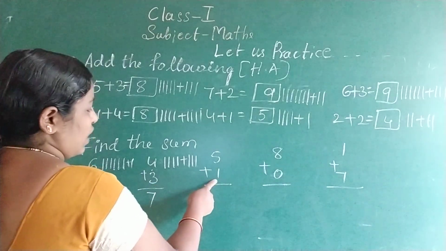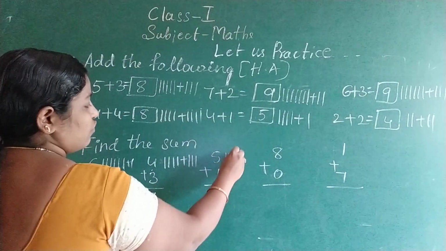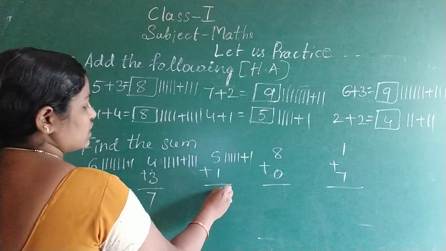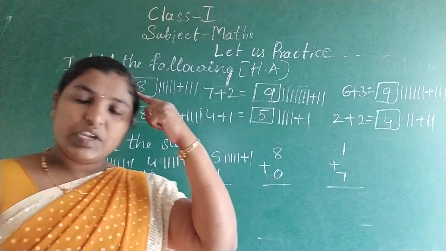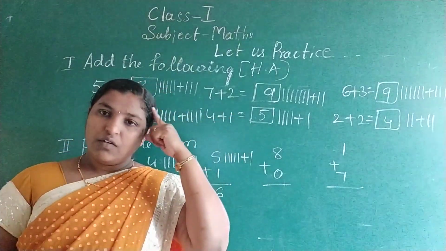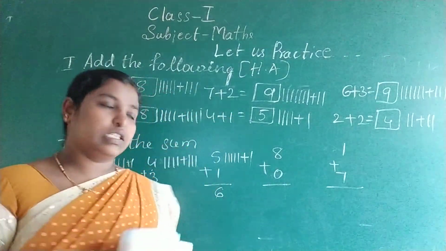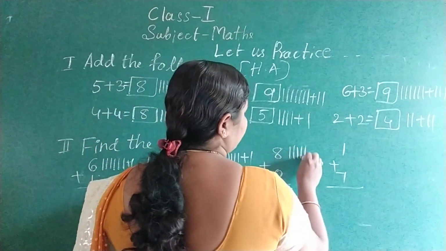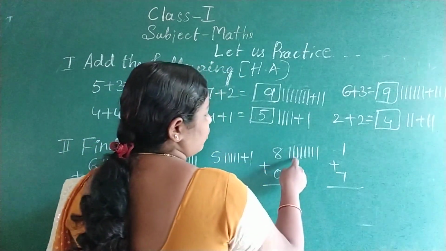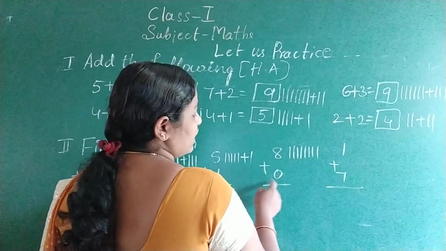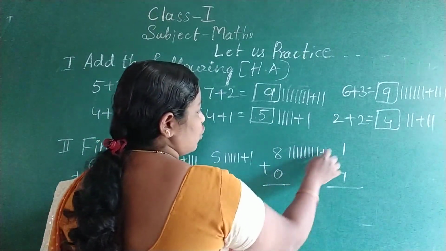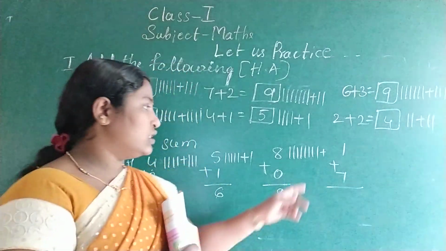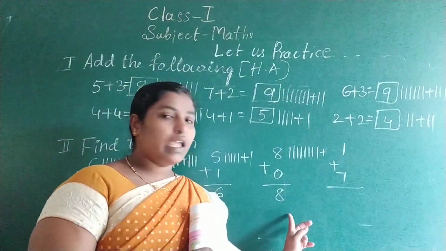Next, 5 plus 1. 1, 2, 3, 4, 5 plus 1: 1, 2, 3, 4, 5, 6. Or 5 keep it in your mind, 1 in your hand. 5 plus 1, 6. Answer is 6. 8 plus 0. So 1, 2, 3, 4, 5, 6, 7, 8 lines. Plus 0 means nothing. So 8 as it is, 8 lines. See how many lines are there? 8.